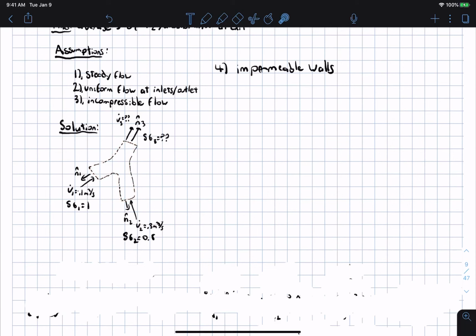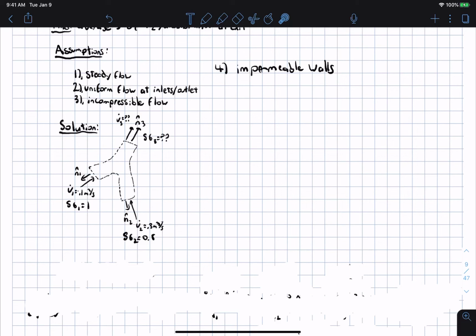We have some velocity 1 going in where there's pure water, some n hat 1 pointing out, some velocity at station 2, which is the alcohol inlet, and some n hat 2 pointing out. And we have the outlet where the alcohol and the water are mixed, and we don't know the volumetric flow rate there. We don't know the specific gravity, but we know that n hat 3 is just some n hat 3.